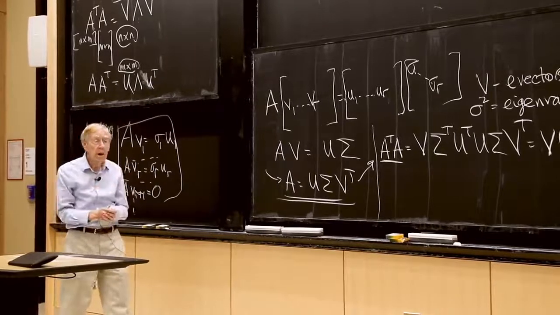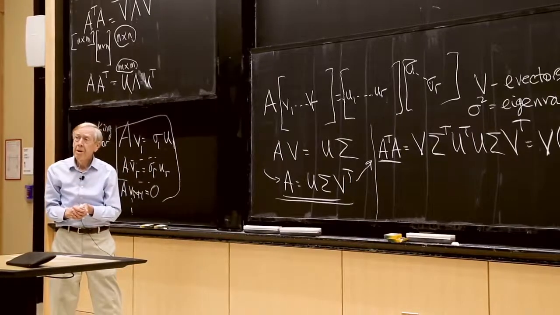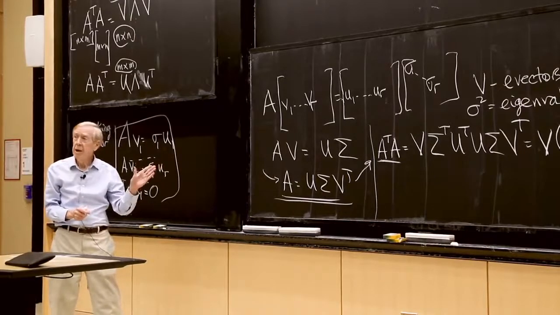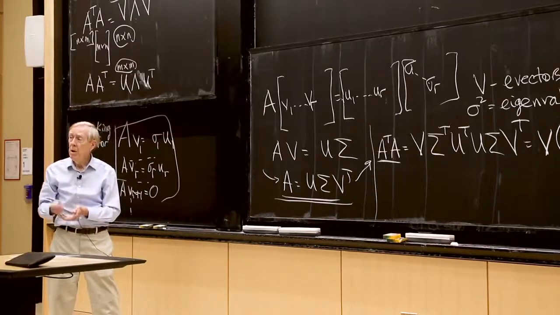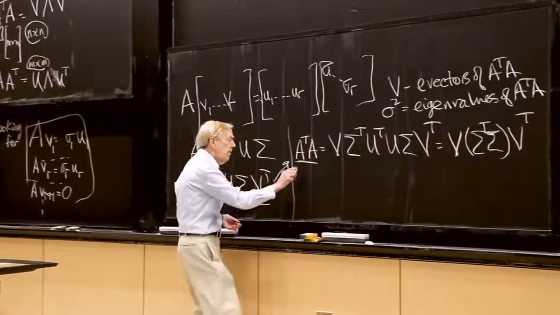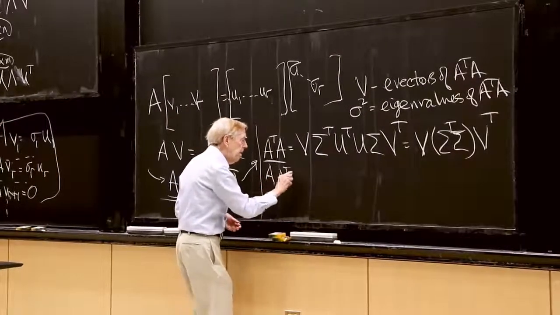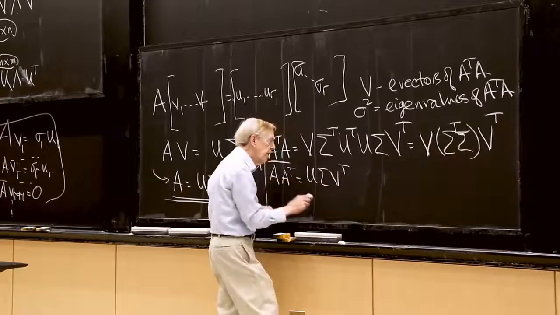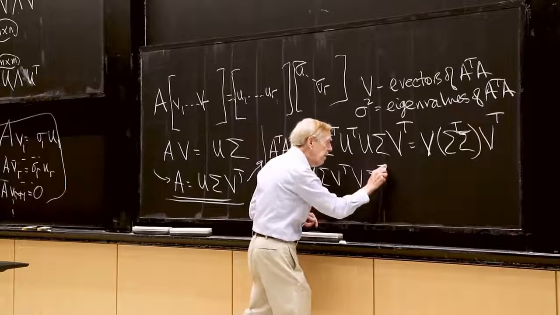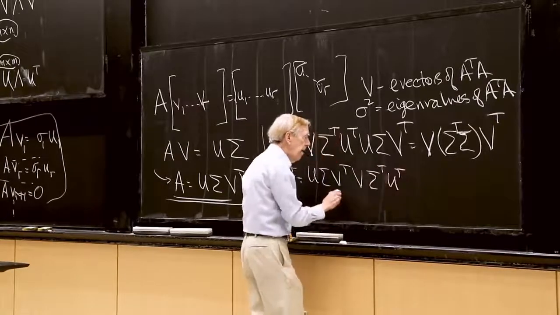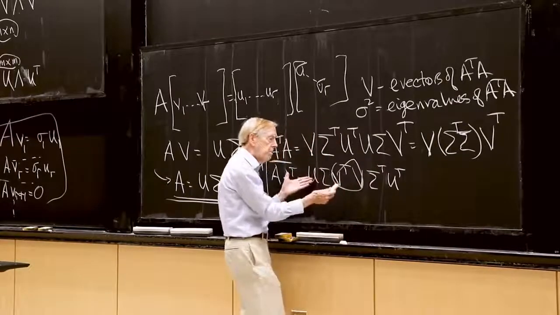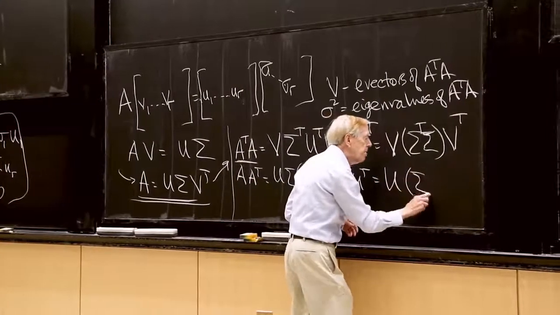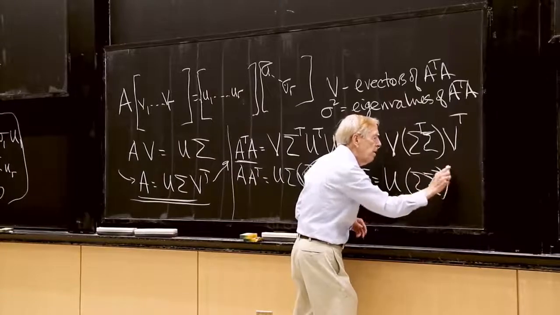And if I do it the other way, what's the other way? Instead of A transpose A, the other way is to look at AA transpose. And if I write all that down, the A is the U sigma V transpose, and the A transpose is the V sigma transpose U transpose. And again, this stuff goes away and leaves me with U sigma sigma transpose U transpose.